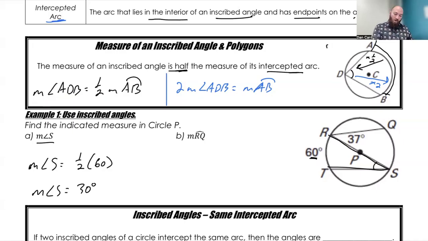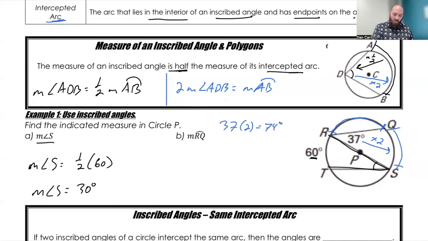Okay. When I want to find RQ, this one's got a couple of steps going on with it, but here's RQ right there. What's going to be helpful is if I first know what this arc is going from Q to S. And just like we do over here, we double an angle to get to its intercepted arc. So I can take 37 times 2 to get 74 degrees.